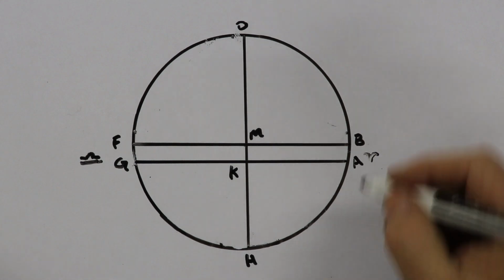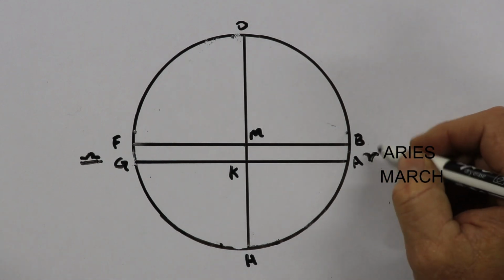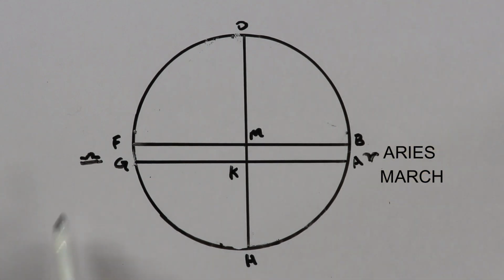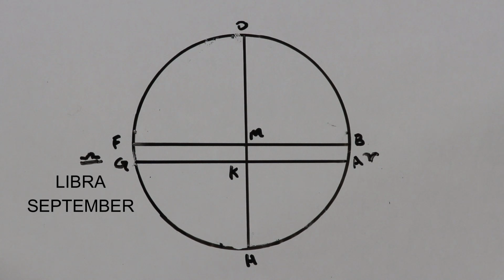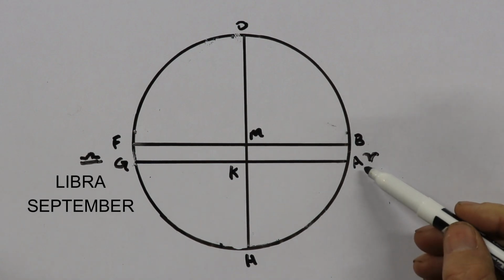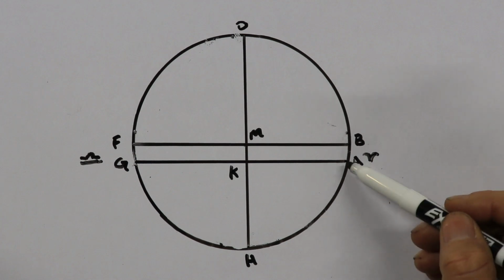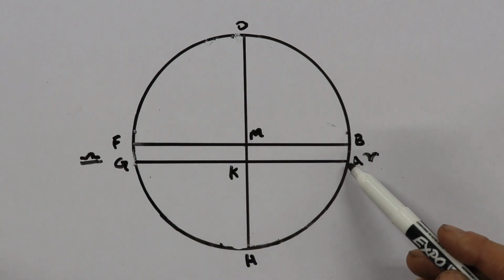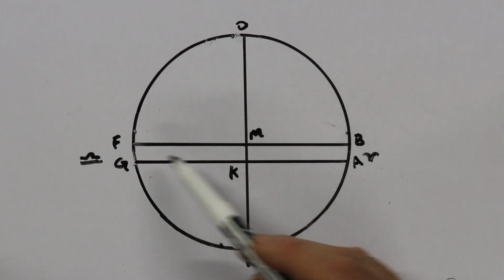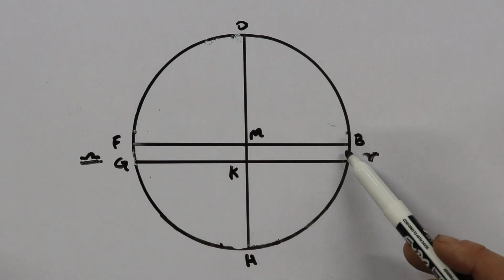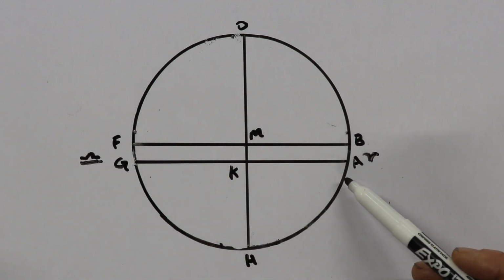So this is spring, this is March, and this is the vernal equinox.